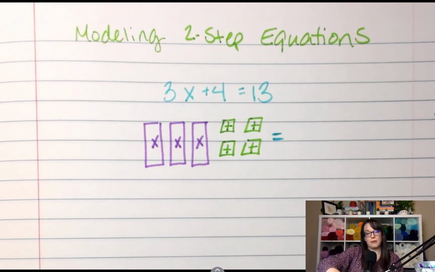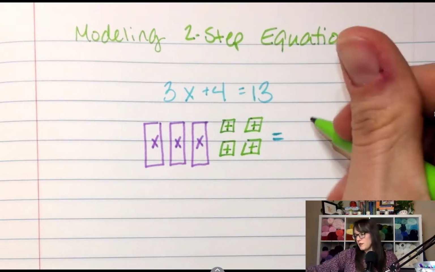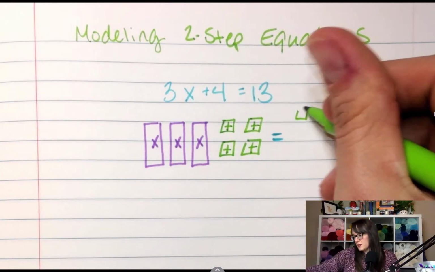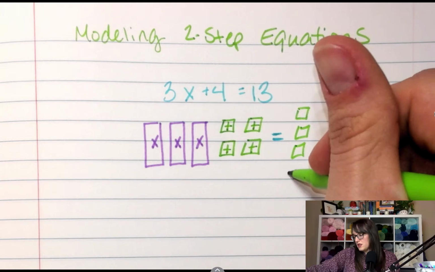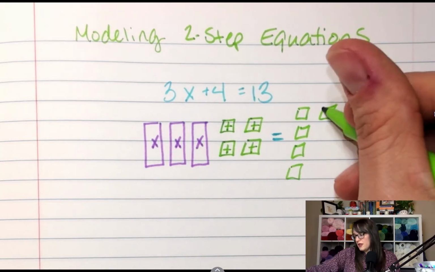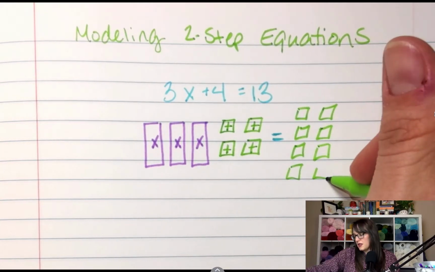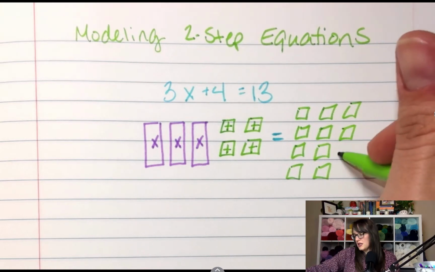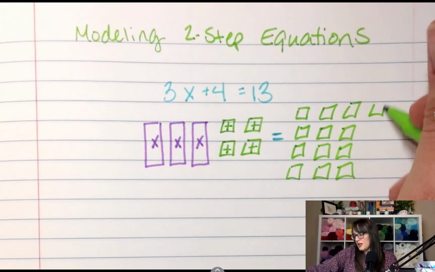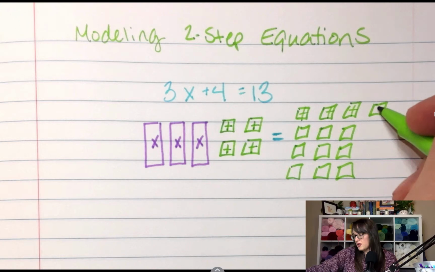Now is that 13 positives or 13 negatives? It's 13 positives, so I'm going to do 13. So 1, 2, 3, 4, 5, 6, 7, 8, 9, 10, 11, 12, and 13. And those are all plus.